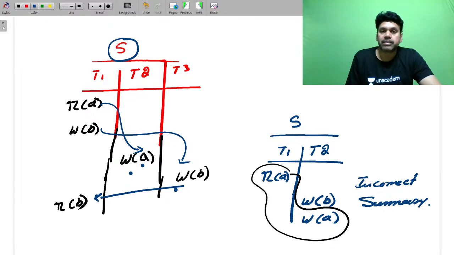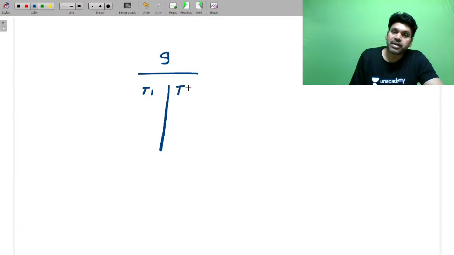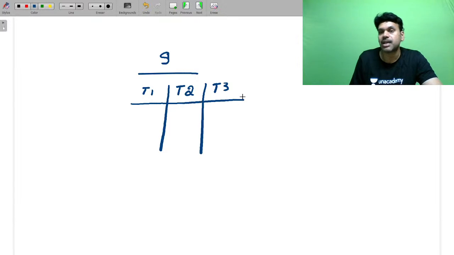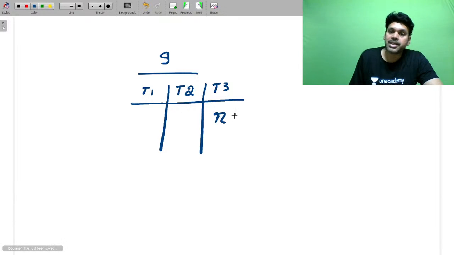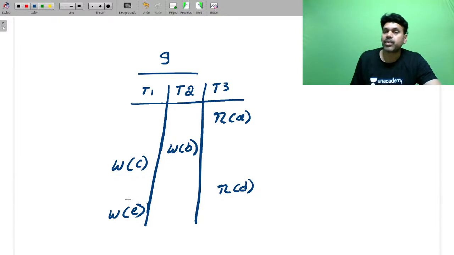And last example, if I am saying that there is a schedule S which consists of T1, T2 and T3. Now I am posting three transactions like this. He started initially R of A, then W of B, then W of C, then R of D, then W of E. He is asking what kind of a conflict it is.